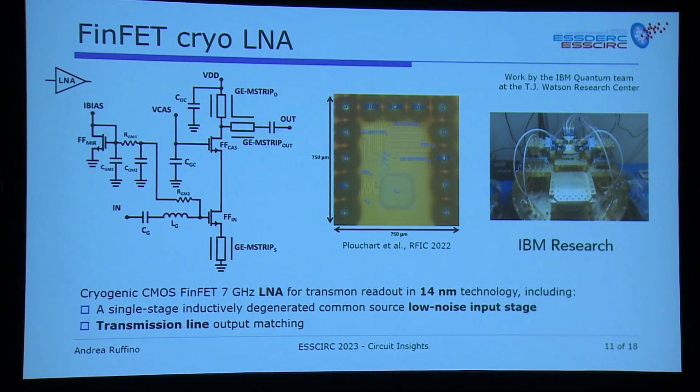And again, in this case, this is a single stage inductively degenerated common source LNA with some techniques for source degeneration using transmission lines and output matching using transmission lines. And this was a very low power design that was then measured at cryogenic temperatures, achieving also 30 Kelvin noise temperature at 4 Kelvin.